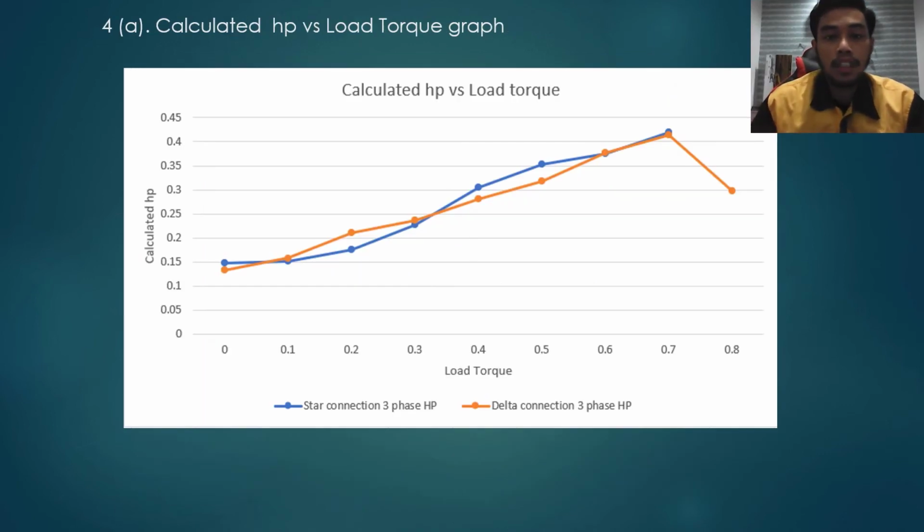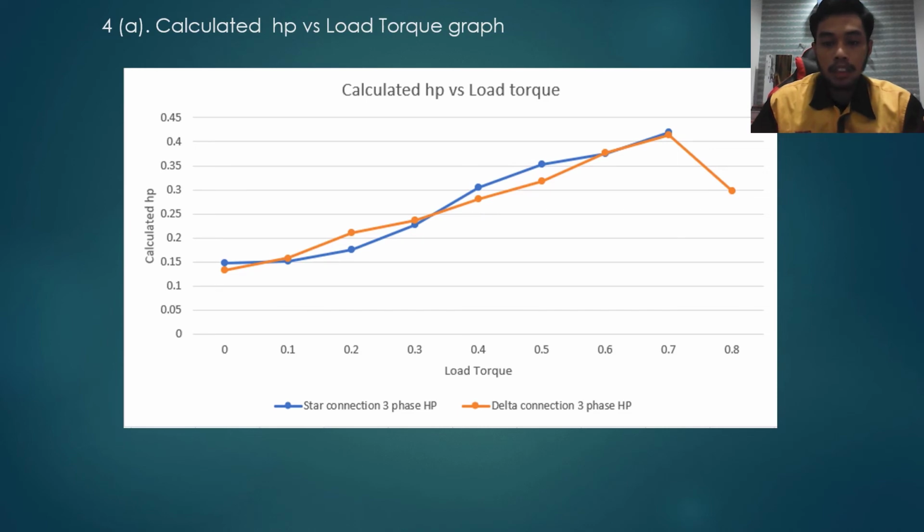Next, the calculated HP versus load torque graph. The blue color is the star connection 3-phase horsepower, and the brown color is the delta connection 3-phase horsepower. It can be observed that for the star connection, it increased linearly, and when load torque equals 0.7, the motor starts to experience stall condition, which is why there is no value at 0.8.